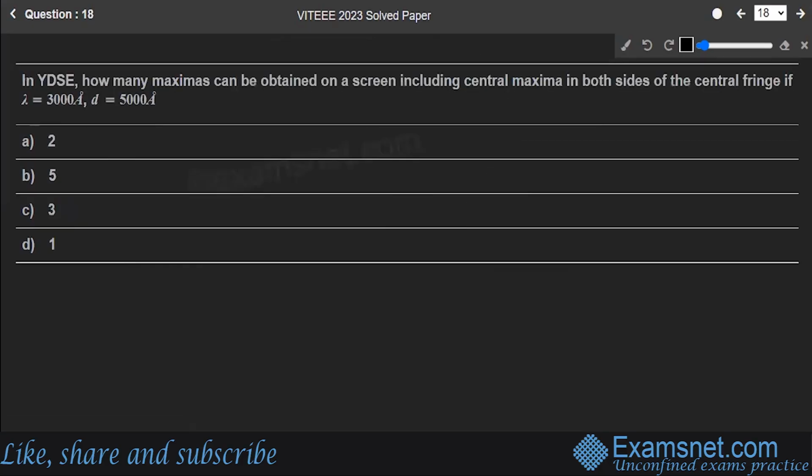Next is question number 18. In Young's double slit experiment, how many maximas can be obtained on a screen, including central maxima in both sides of the central fringe? If you are given that lambda is equal to 3000 angstrom and D is equal to 5000 angstrom. So delta X max, this is given by D, which is 5000 angstrom, and you are given lambda is equal to 3000.